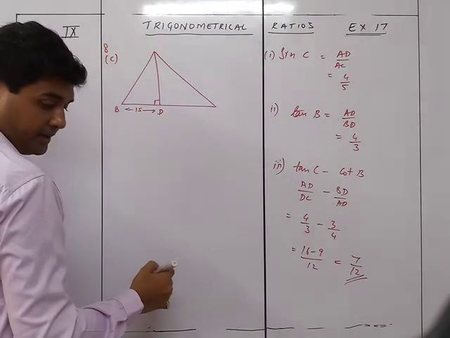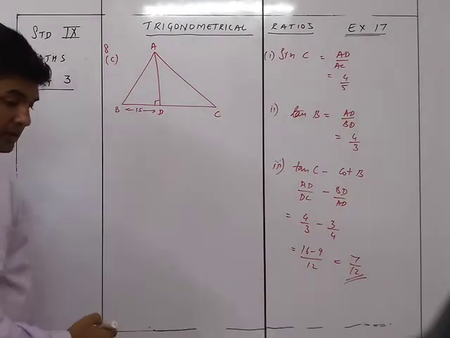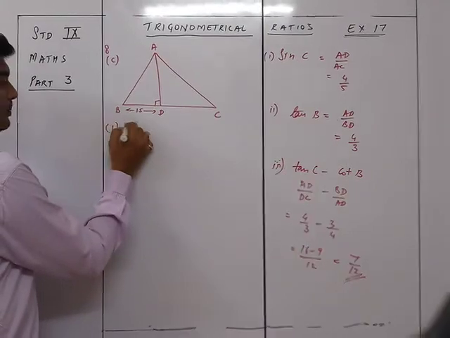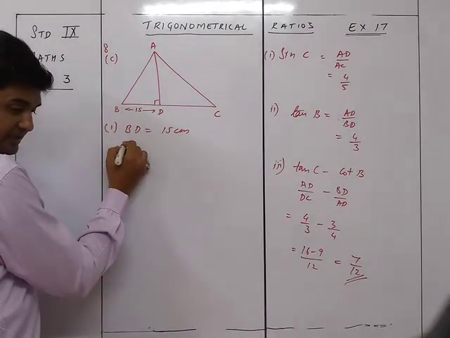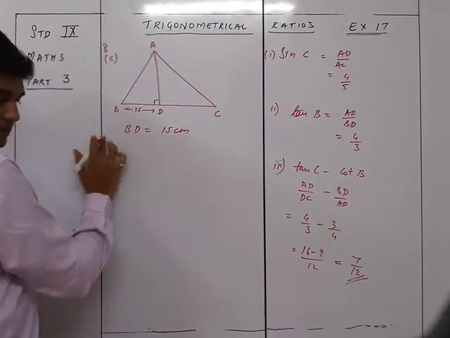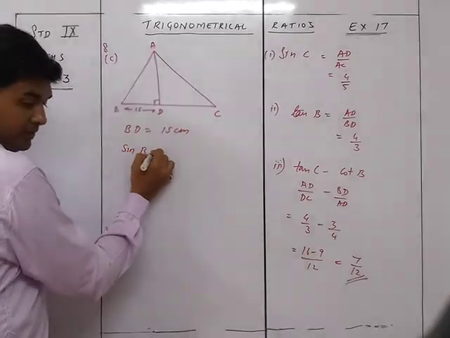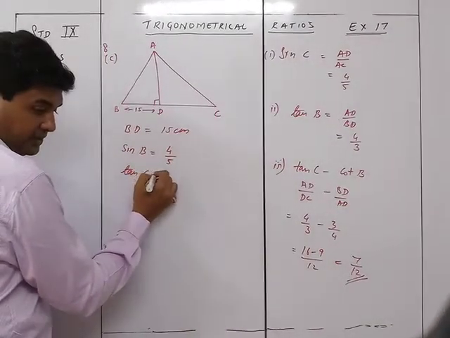Okay. And this is A. This is C. What is given to you is firstly BD is equal to 15 centimeters. Next they've given you that sin B is equal to 4 upon 5 and tan C is equal to 1.